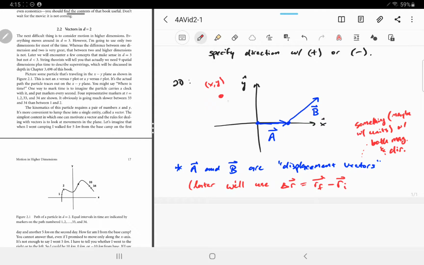And I can imagine there's a vector pointing from the origin of that coordinate system to my point. That's called the position vector, R for point P, and this is P right here. It has some x and y coordinates. So every point in the xy plane has a position vector, and these displacements, like what I drew as A and B, those are delta R's.